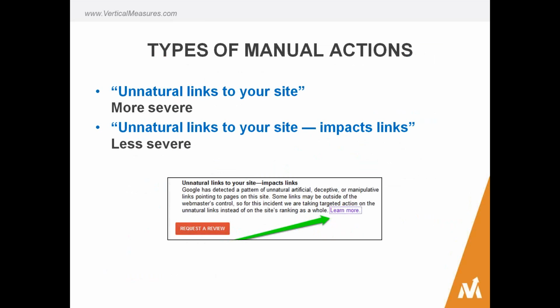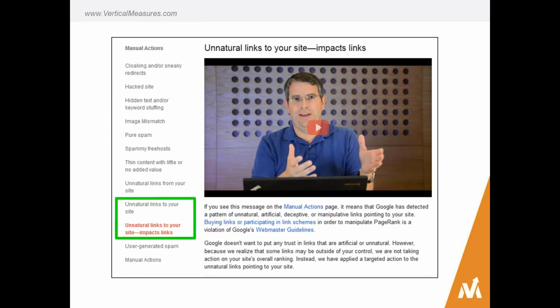So there are two key differences between the types of manual actions. Unnatural links to your site, and unnatural links to your site impacts links. Now this is very key that you understand the difference between these two. Let me go forward and back up a little bit.